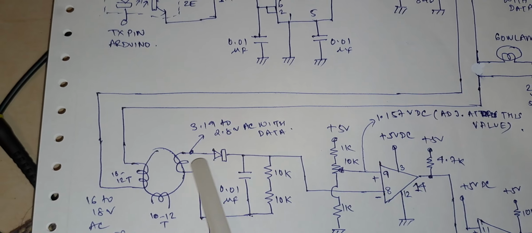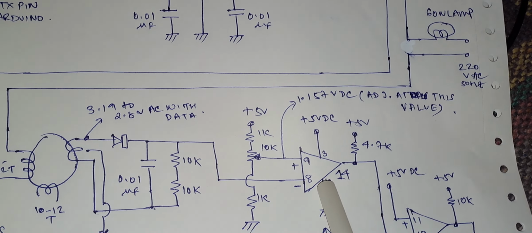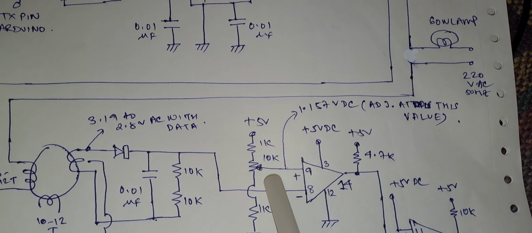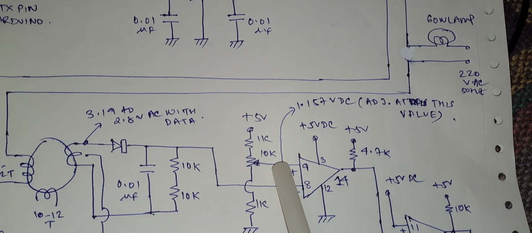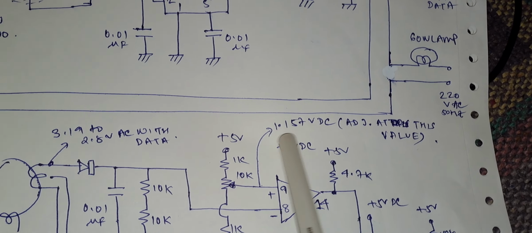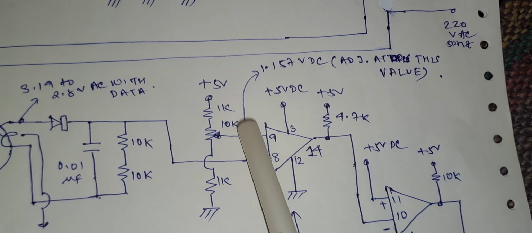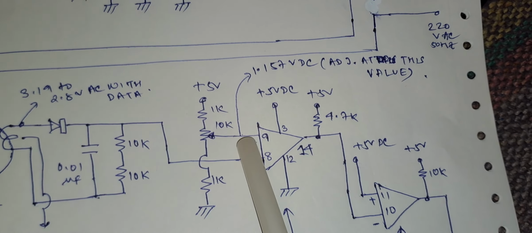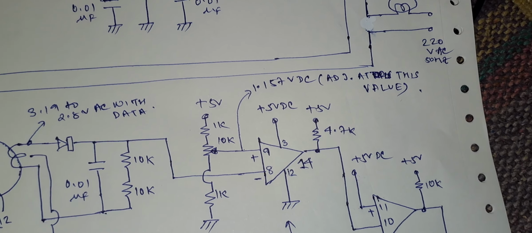As you can see, the output of this demodulator is fed to this first comparator, and for the reference voltage setting I am using 1.157 volts DC. The comparator is comparing against 2 voltages, so the voltage at pin number 9 has to be 1.157 volts DC.